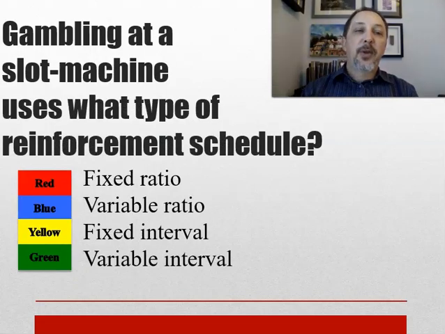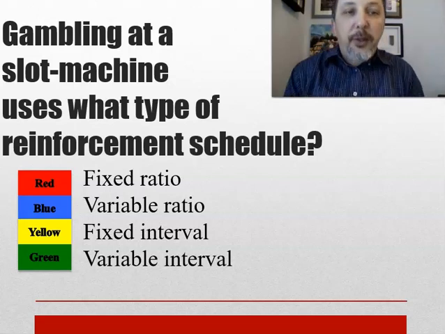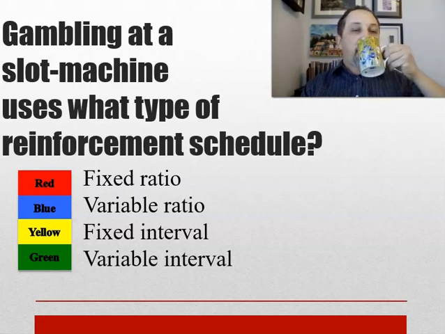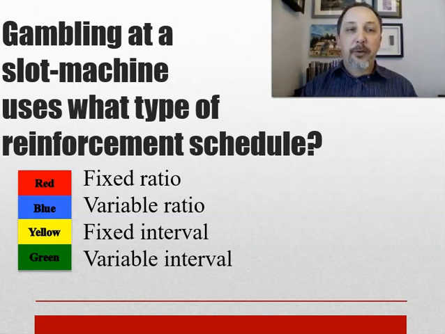All right, now, how is this being used? If you have a casino and you want people to lose their money, you want them to play the slot machine a lot. So what kind of reinforcement schedule are you going to use? Fixed ratio, variable ratio, fixed interval, or variable interval?